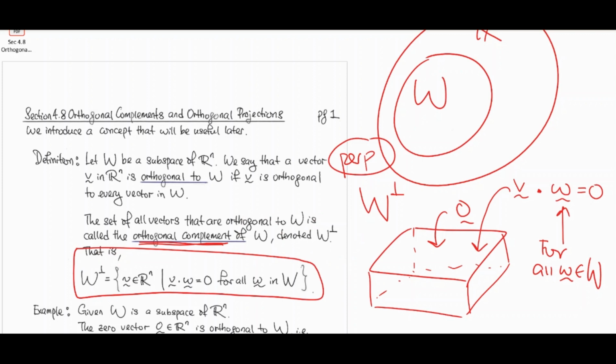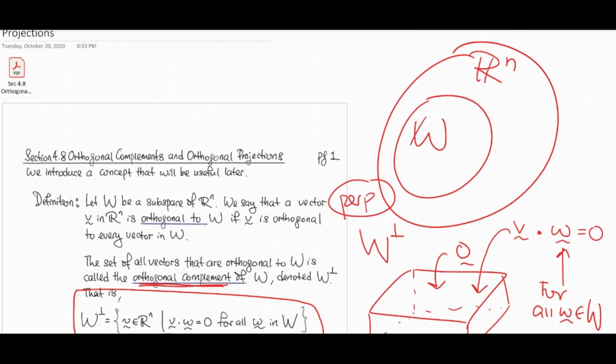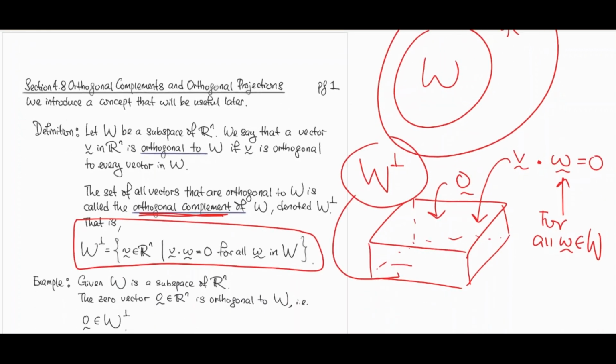Given a vector space W sitting inside Rn, we can construct a new set called W perp, which is a collection of all the vectors that are orthogonal to this vector space W.